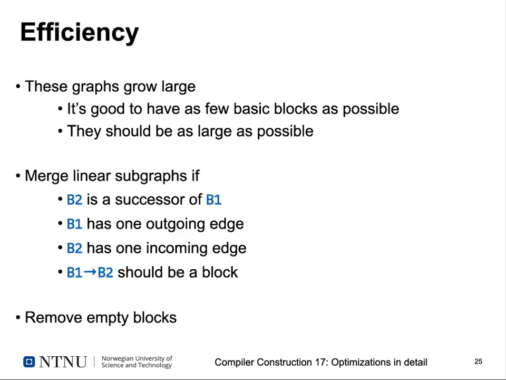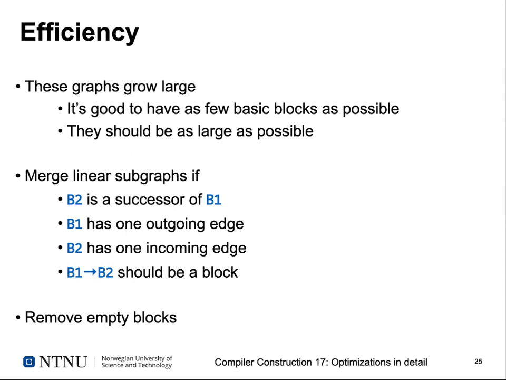As these graphs grow large, we need to ensure that we have as few basic blocks as possible, and the basic blocks themselves should be as large as possible. And so what we do here is we merge the linear subgraphs if all these conditions hold. So if block B2 is a successor of block B1, and block B1 has only one outgoing edge, as well as block B2 only has one incoming edge.